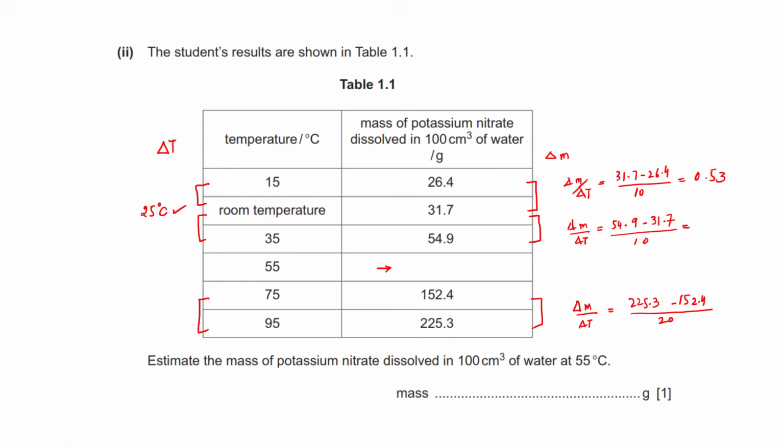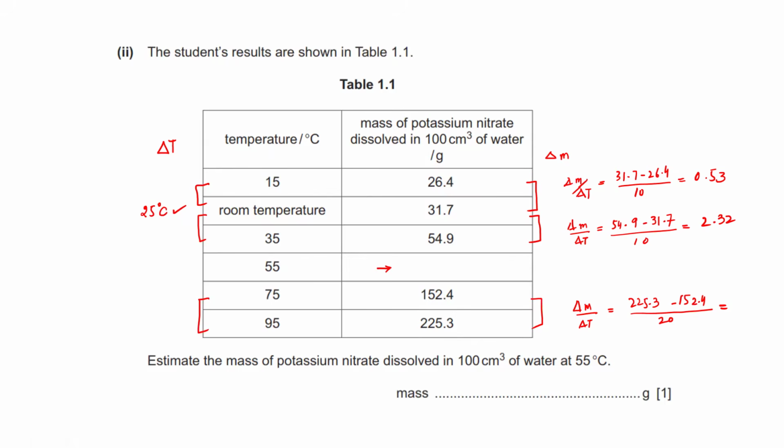The second value is 54.9 minus 31.7, divided by 10. This is 3.32.